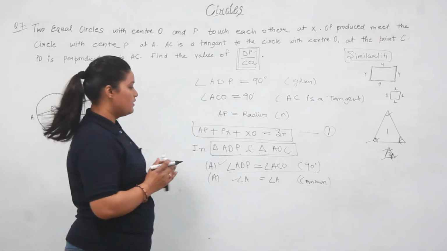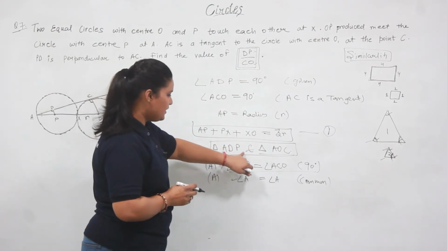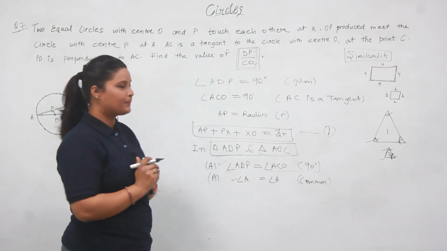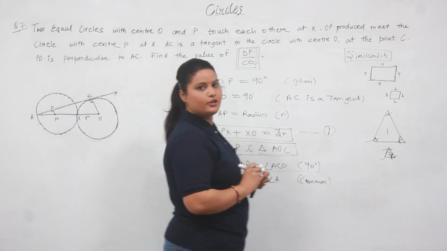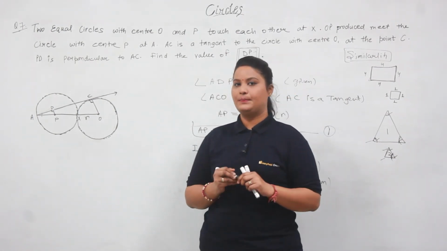Clear? Similar to each other. Hence I can say triangle ADP and triangle AOC are similar to each other. When two triangles are similar to each other, then the ratio of their sides is equal.